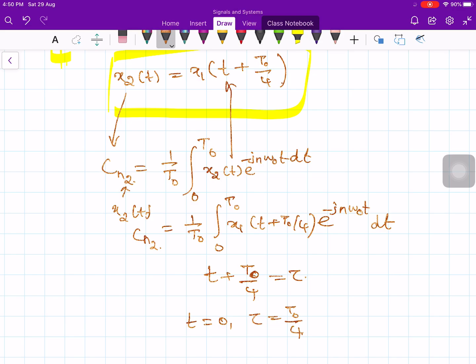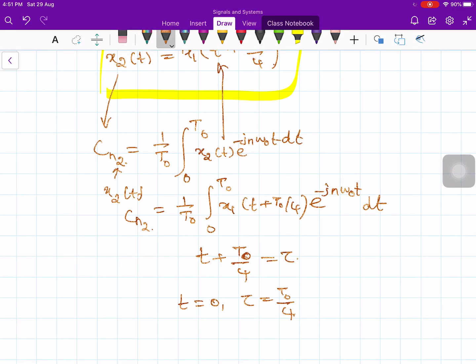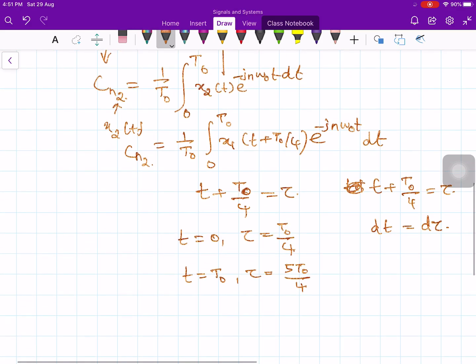And when t equals capital T naught, then tau equals 5 t naught over 4, that is t naught plus t naught by 4. And next, t plus t naught by 4 is equal to tau, so dt is equal to d tau. Substitute all these values in the above integral.